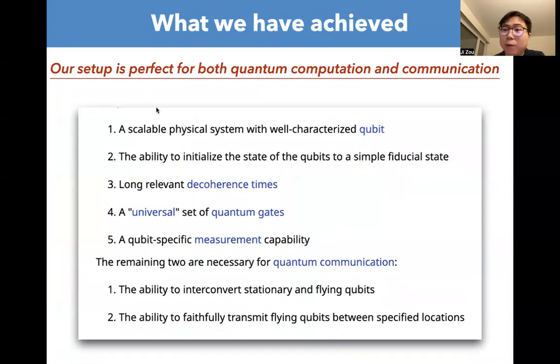Okay, finally, I hope I have convinced you that our proposal, this domain wall qubit, can be used not only for quantum computation, like other qubits such as spin qubits or superconducting qubits, but we can also use it for quantum communication.